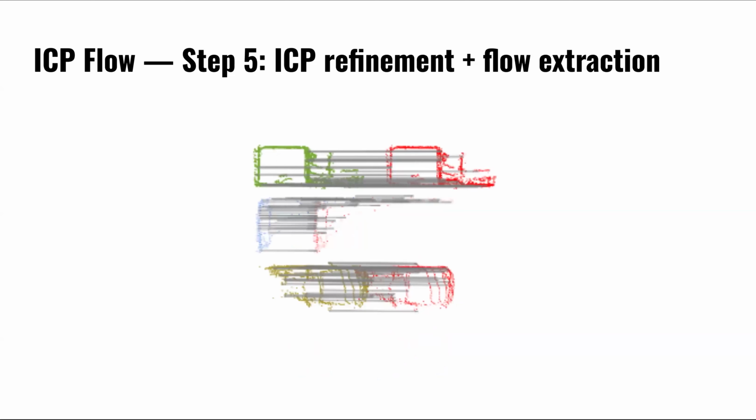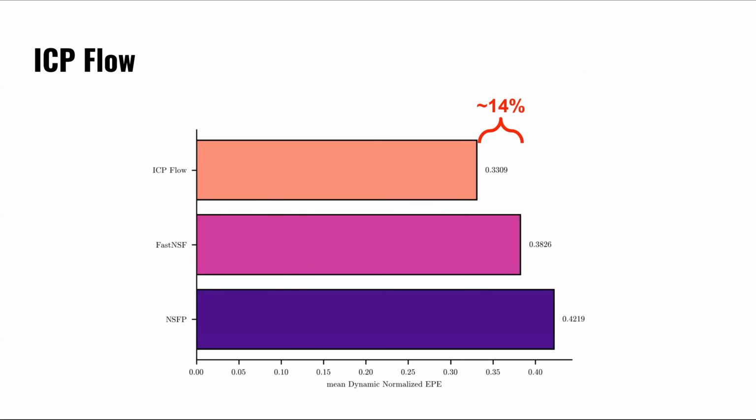And they use ICP for refinement. And so this is a non-trivial improvement over prior methods. So like Fast NSF and NSFP, these are previous state-of-the-art methods. The jump here is on par with the jump from NSFP to Fast NSF. So this is meaningfully moving the needle. And this is an entirely unsupervised method, right? Zero flow labels.